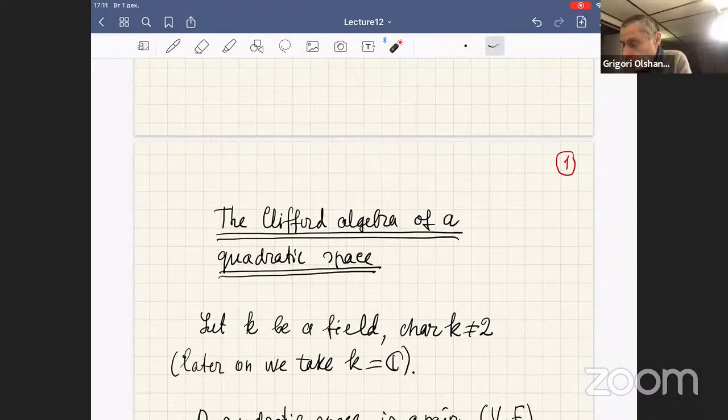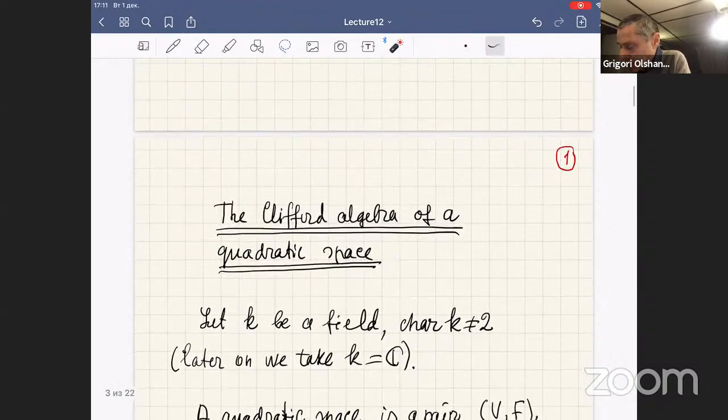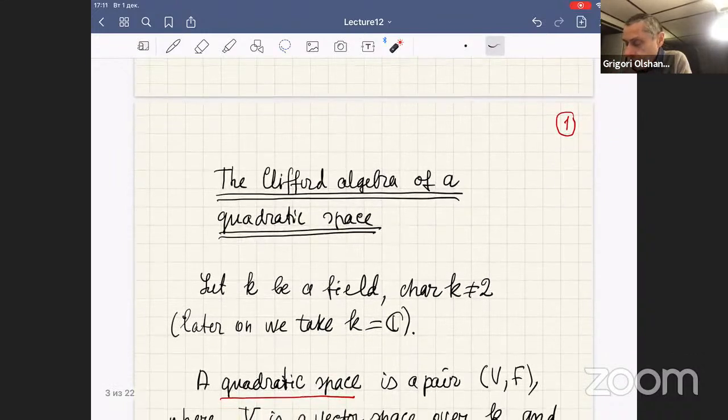So, okay, I need to introduce some introductory material: the Clifford algebra and quadratic space. The subject that I would like to tell you about today is Howe duality, but I need some preparation. So first of all, about the Clifford algebra.